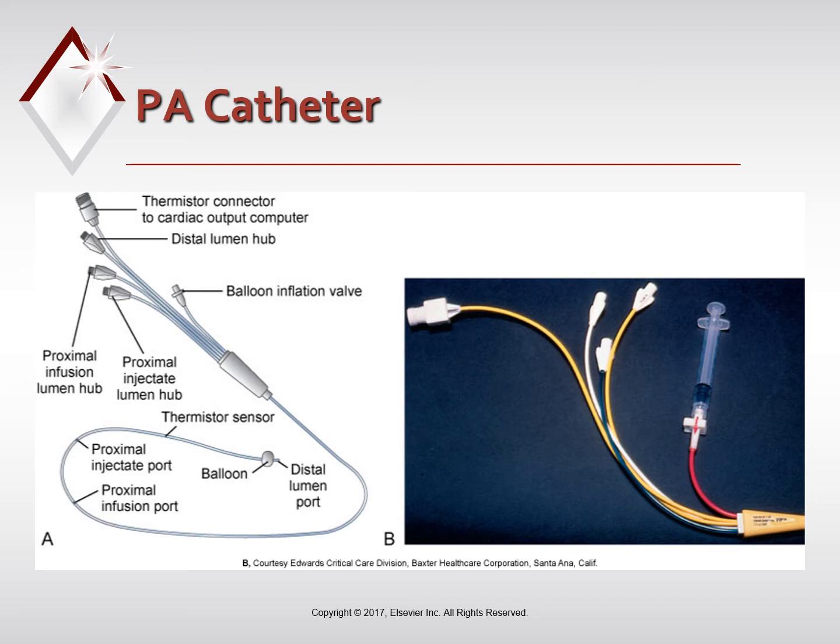The second proximal port is used for infusion of fluids and drugs, or blood sampling. Then the thermistor connector is connected to the cardiac output computer, and it's wired to measure the core temperature of the patient.